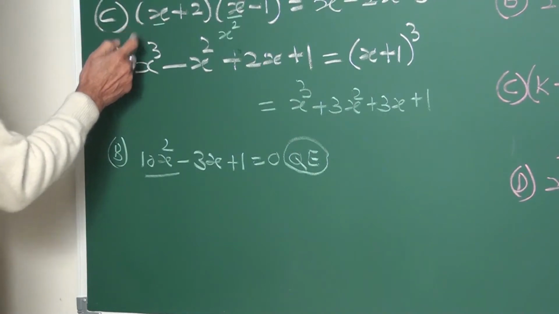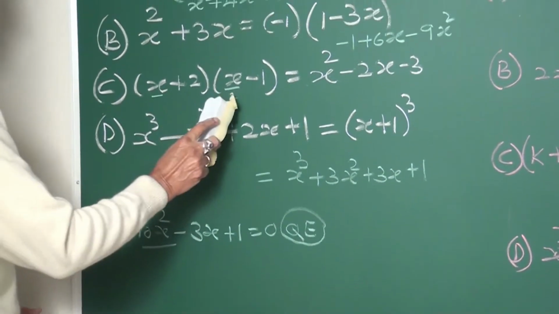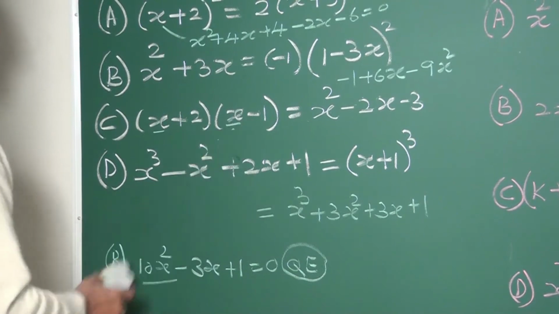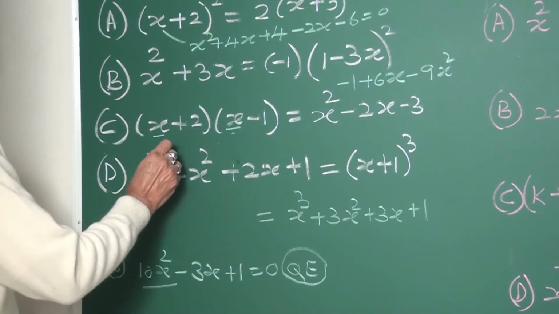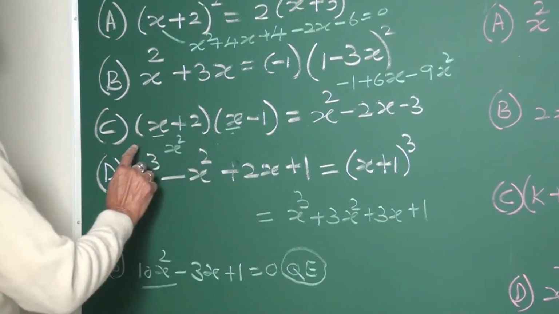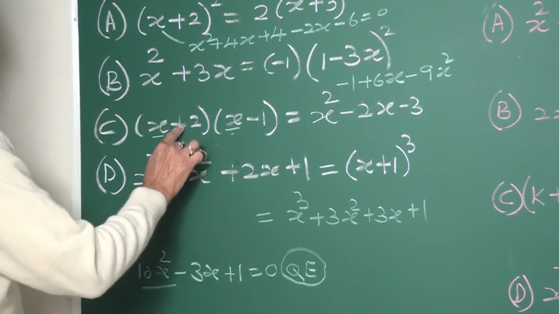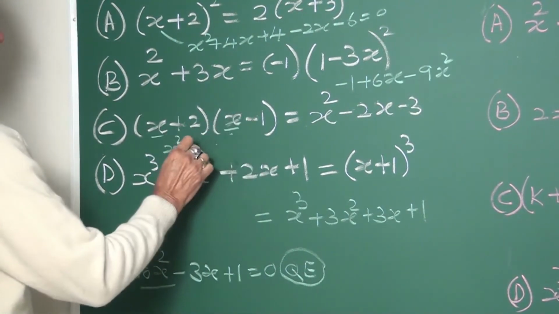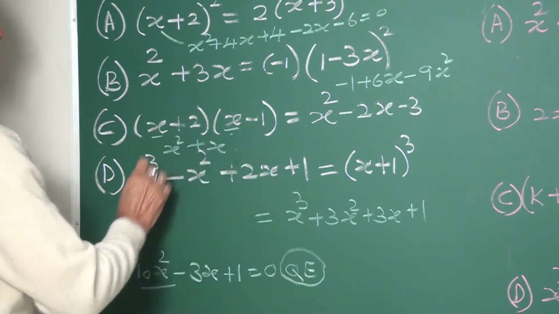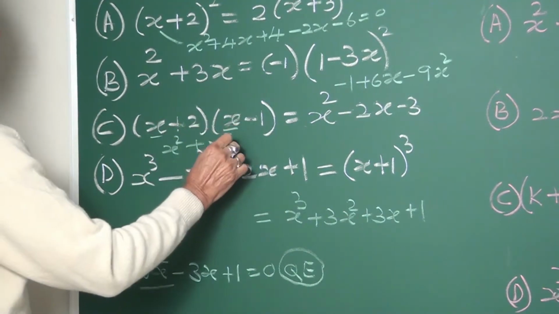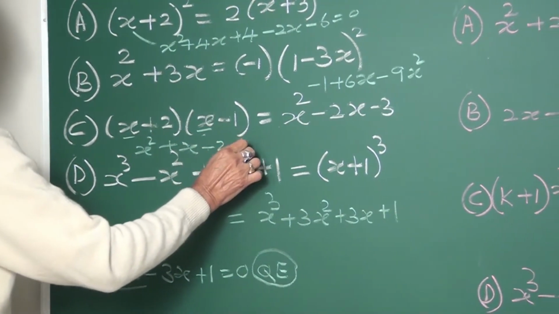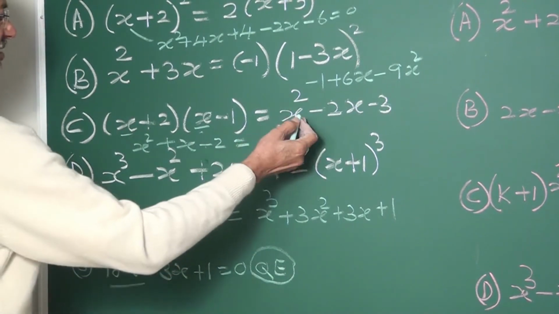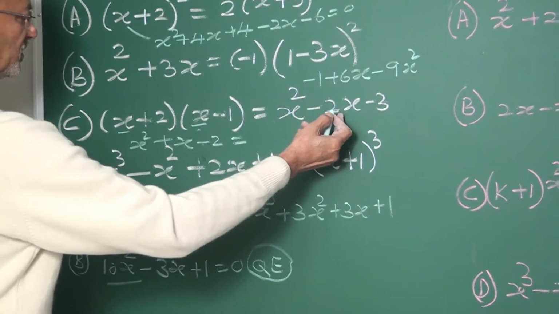Coming to this, see, what is this, my friend? This is x square plus 2x minus x plus x. Then plus 2 into minus 1 is minus 2 equal. This side is x square minus 2x plus 3.